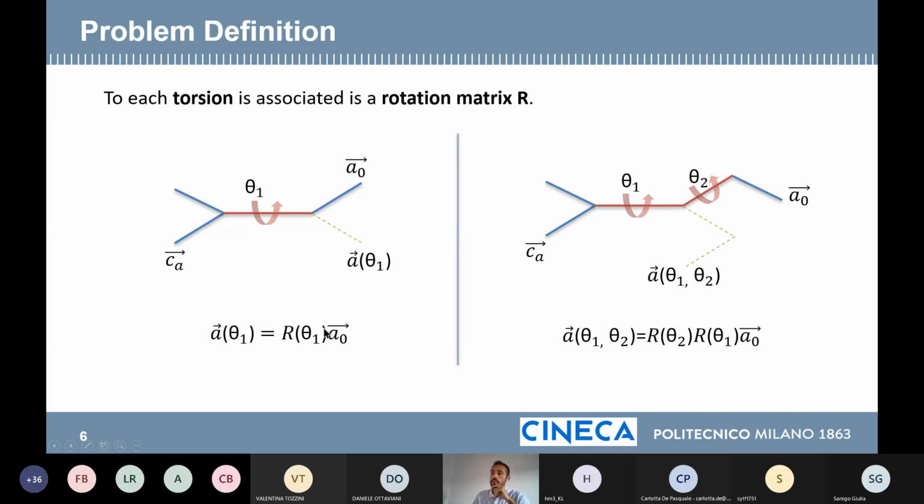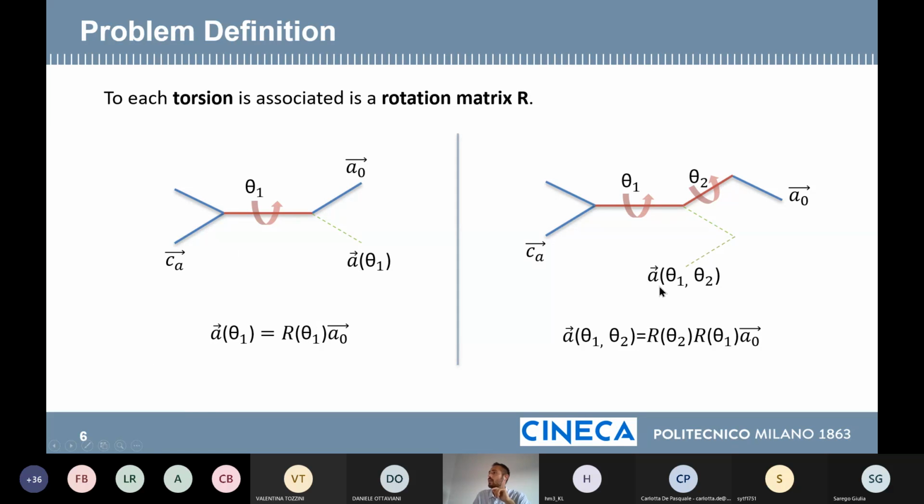The rotation matrix depends on the cosine and the sine of the angle.